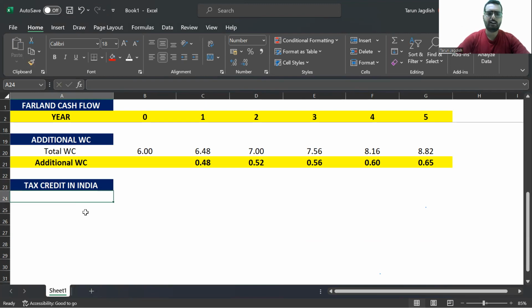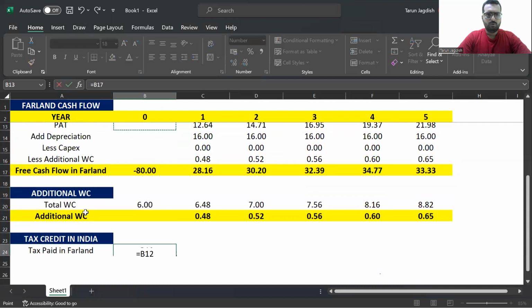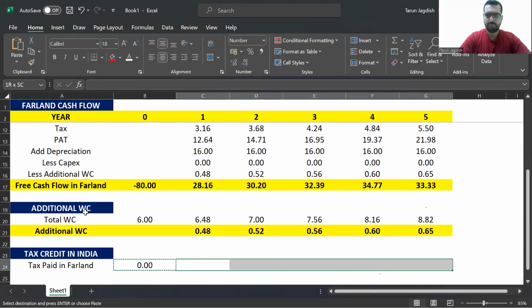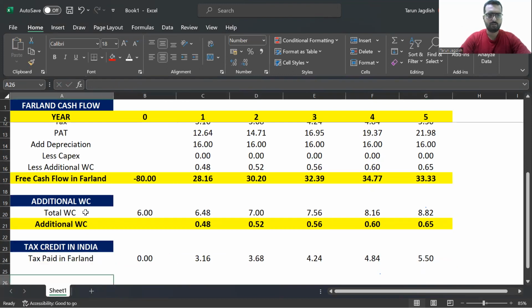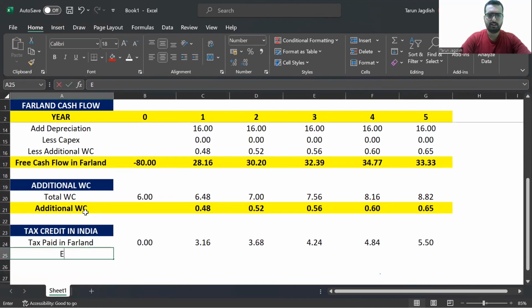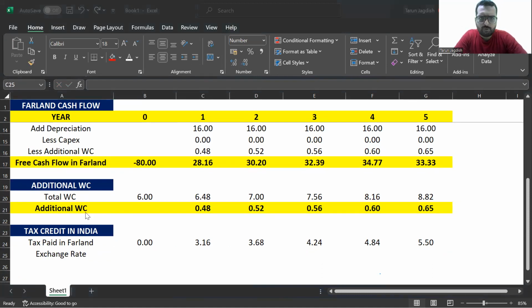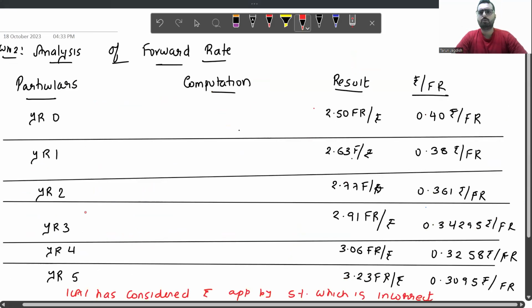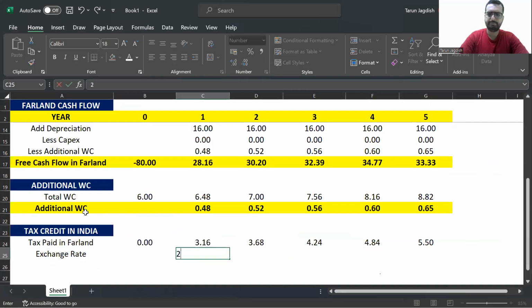Okay. So first I'll write down over here tax paid in Farland. Then here I'll write down the exchange rate. So what is the exchange rate that we had? We have already found out over here, right? 2.63.